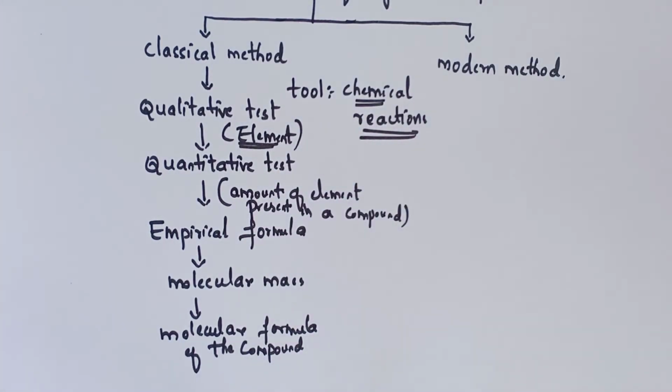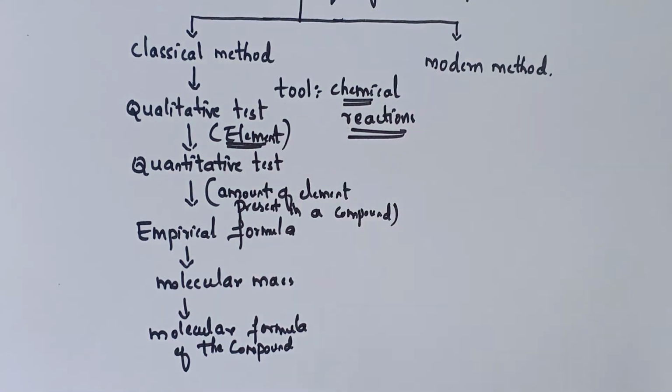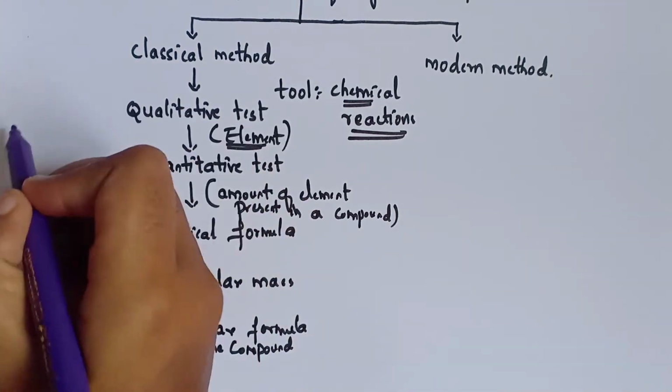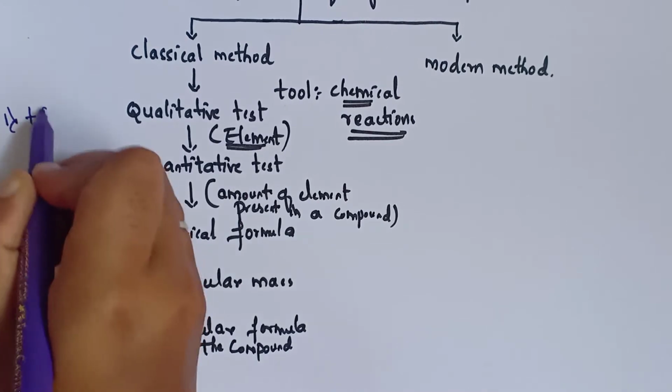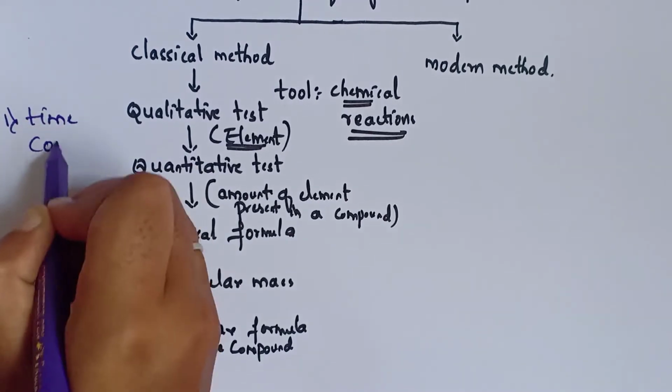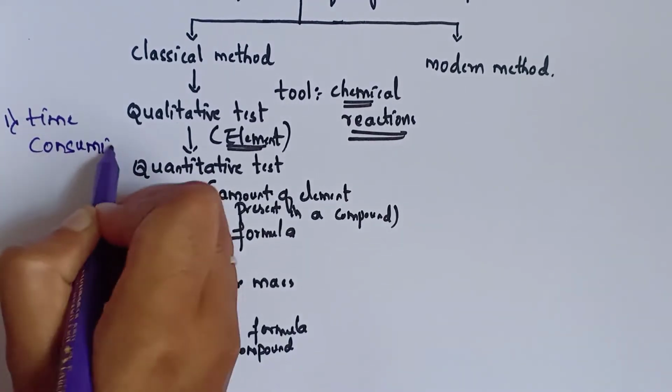Nowadays, classical method is not in much use. Now we will learn about the disadvantages of this classical method, why this classical method leads to the modern method. The major disadvantage of this classical method is that it is time consuming.